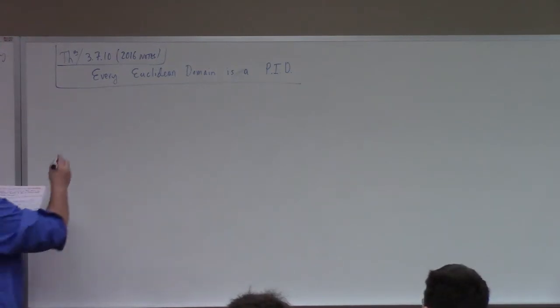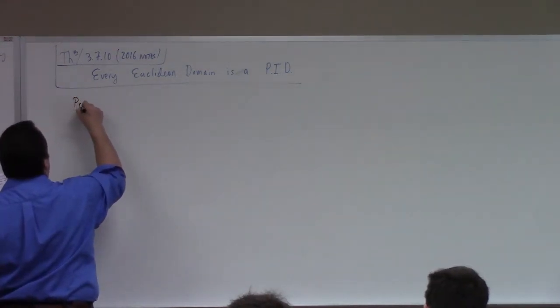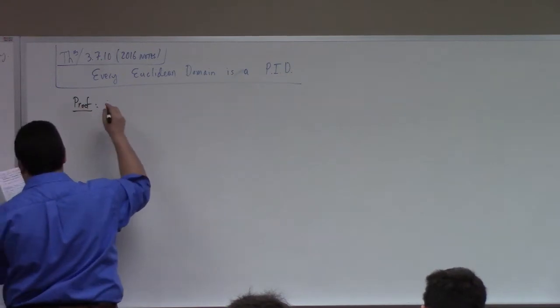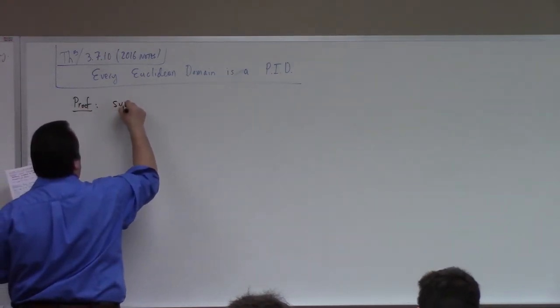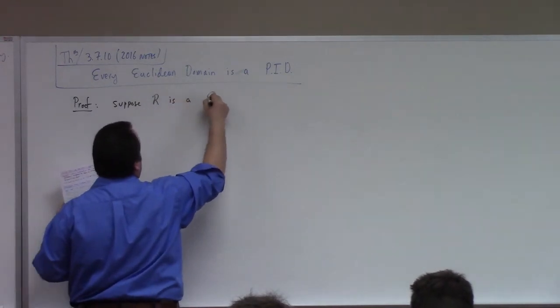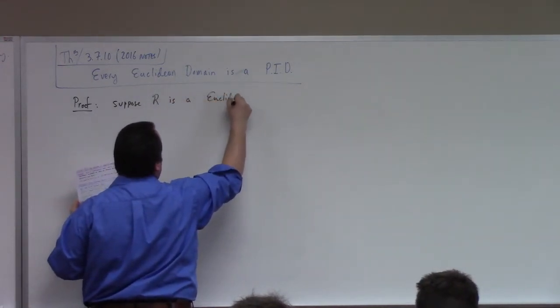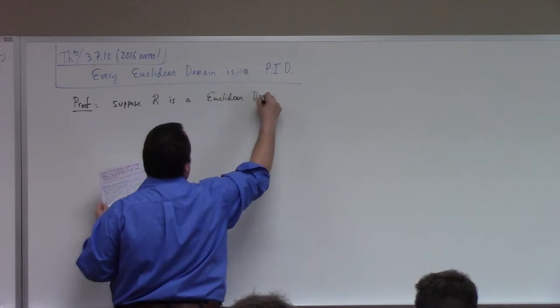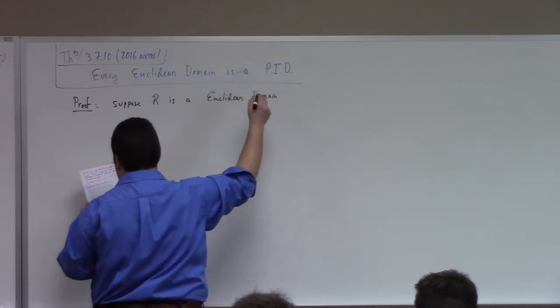All right, so here's the proof. Suppose that R is a Euclidean domain, right?